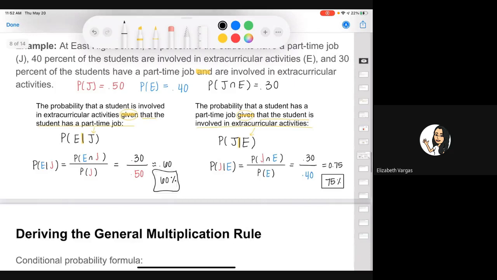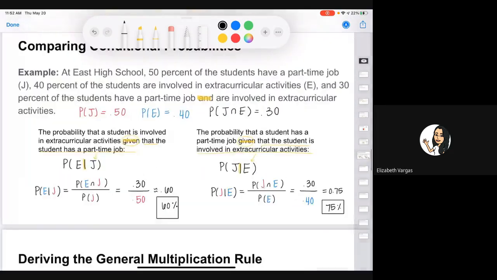Okay. So in these types of problems, what you want to do is use your word problem to create your conditional statement. So here is this conditional statement, and here's this conditional statement. Once you have your conditional statements, you want to substitute that into the conditional formula, which is what we did there, and then you solve given the information you're given. So here you're told that the probability of J is 50, so I'm plugging that in.